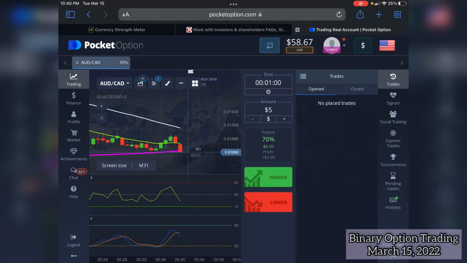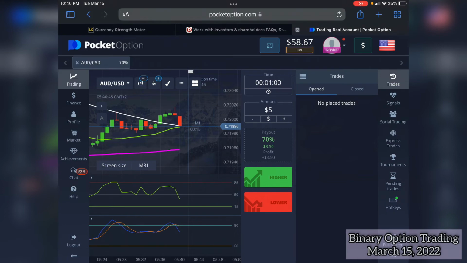Okay, it officially is making its way down. Okay, something just happened in the market. The US dollar just got stronger. That's just what happened. The US dollar definitely just got stronger.